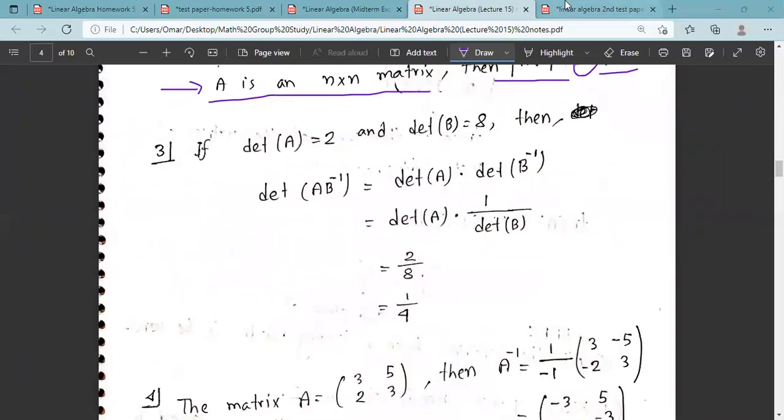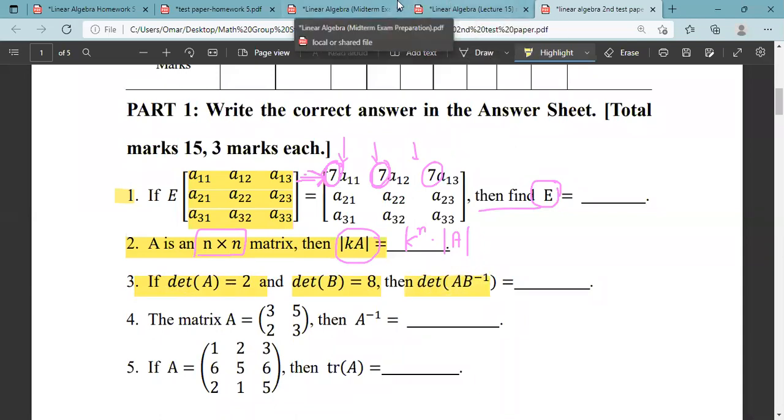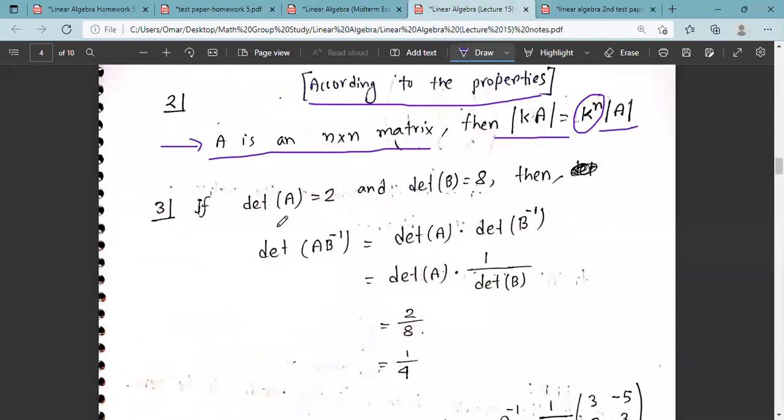So now the third one here: if the determinant of A is equal to 2, and the determinant of B is equal to 8, then we have to find the determinant of A B inverse.